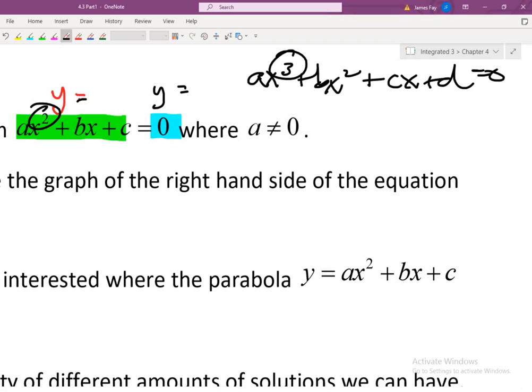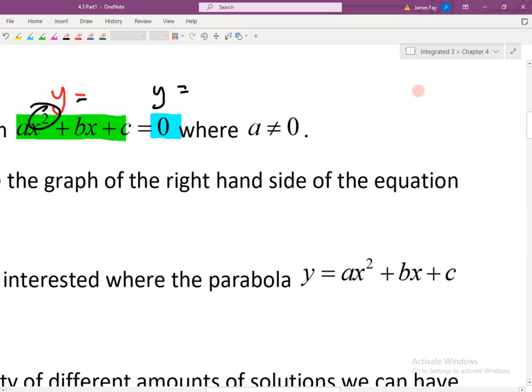And we're going to get into coursework eventually that would actually tell you with a cubic like this, you can't have that 0. There will automatically be at least one solution. We'll talk about that kind of stuff later on, maybe in Integrated 4 or something like that.